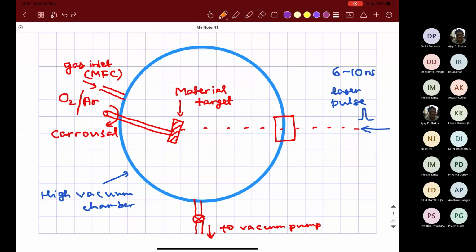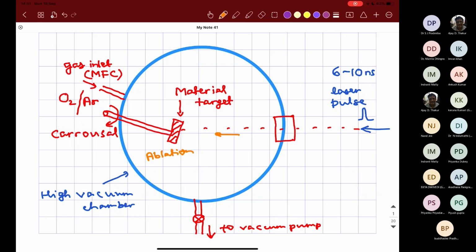So the laser moves in this direction, and there is something known as ablation which happens. Ablation is different from what we know as evaporation, in the sense that a larger chunk is basically eliminated from the target.